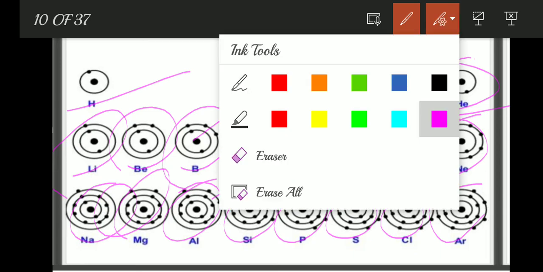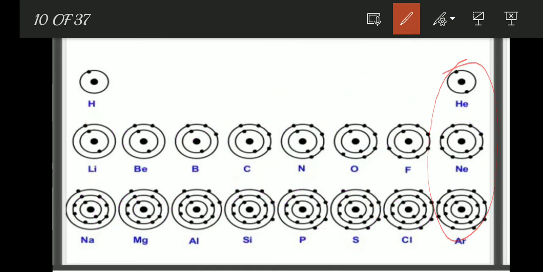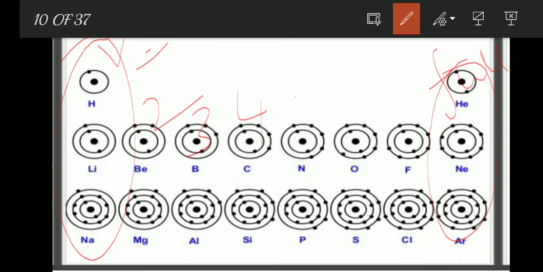This group has valency 0 because the shells are fulfilled. Then valency 1, valency 2, valency 3, valency 4, valency 5, valency 6, valency 7.